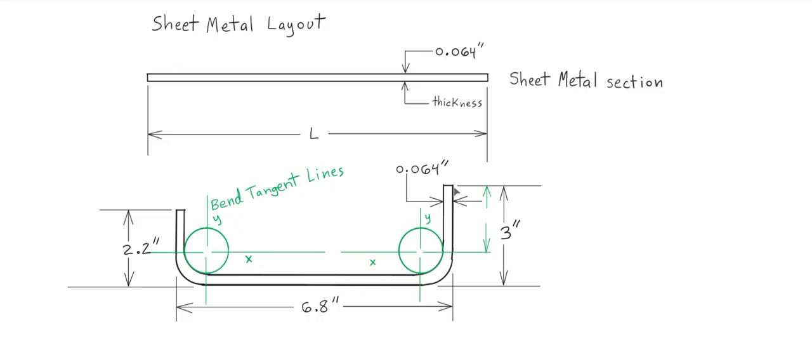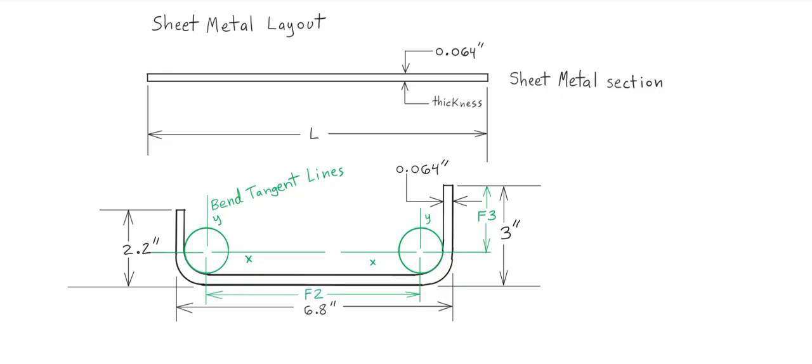So we'll call this one flat 3, bend allowance 2, then flat 2, then bend allowance 1, and then flat 1. So if we add up all of these sections, we will know the unbent length. So that's the anatomy of the bend.